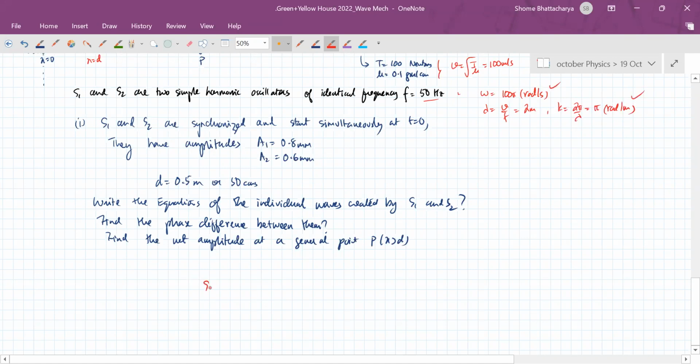So now source S1 is A1 sine omega t and source S2 is A2 sine omega t, where omega for both of them is 100 pi, and A1 and A2 are as given.